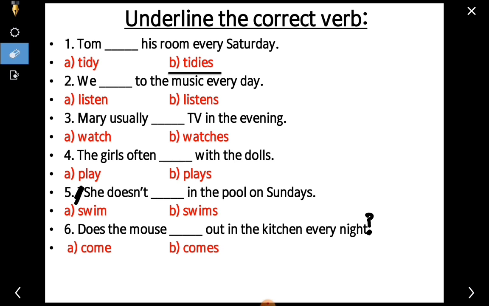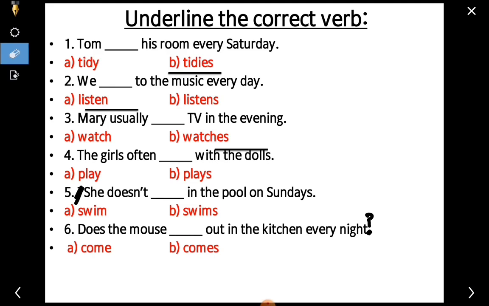Good. We listen or we listens to the music every day. We say we listen, right? We listen because we have the subject pronoun we. Good. Mary usually watch or watches. We have Mary. She watches.